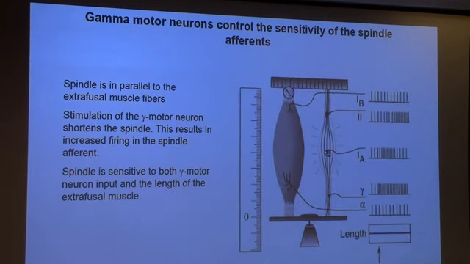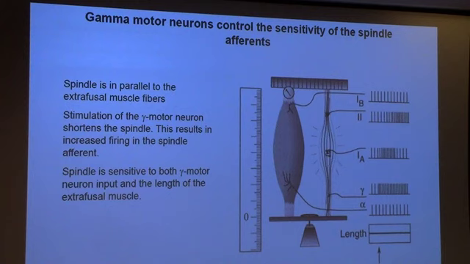Also, besides the oculomotor neuron, we also have the gamma motor neuron in the spinal cord. The gamma motor neuron is used to control the sensitivity of the muscle spindles. This is like a higher-end control from your brain to your muscle. When I move my limb, sometimes I don't want it to be too sensitive.